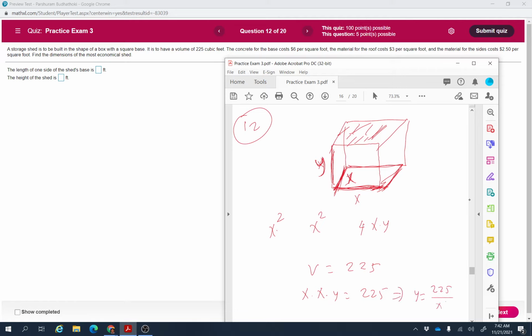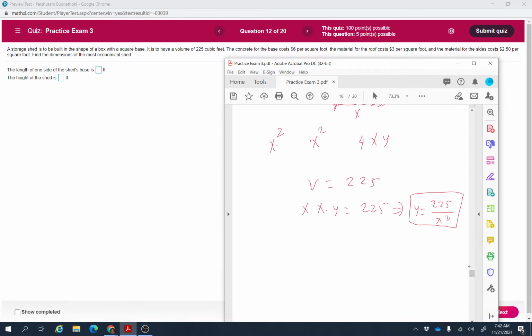So y can be written as 225 over x squared. The base area is x squared, the roof area is x squared, and the area of the 4 walls is 4 times x times 225 over x squared, which is eventually 900 divided by x. So that's the area for the 4 walls.